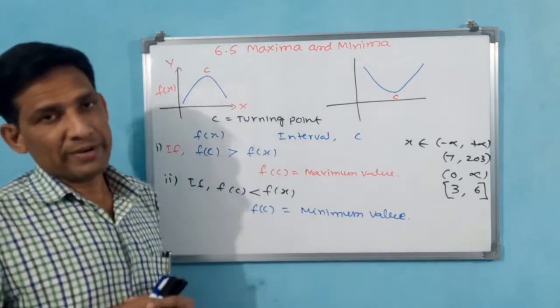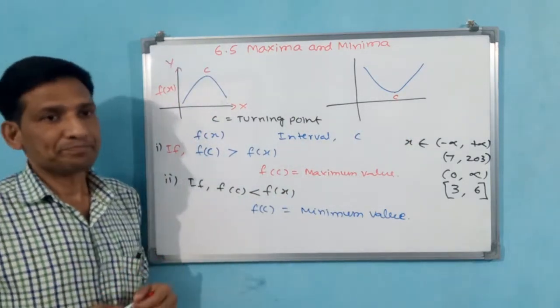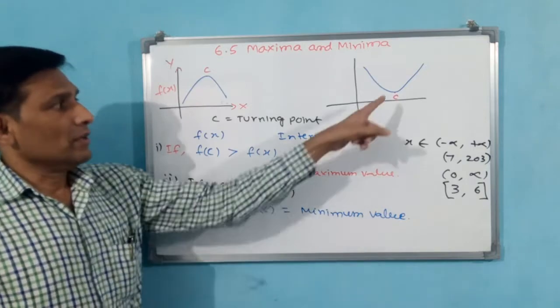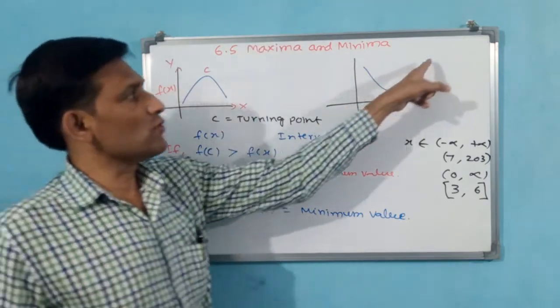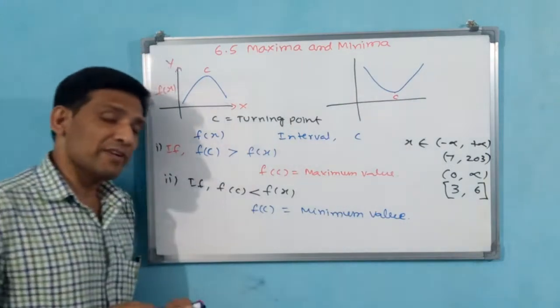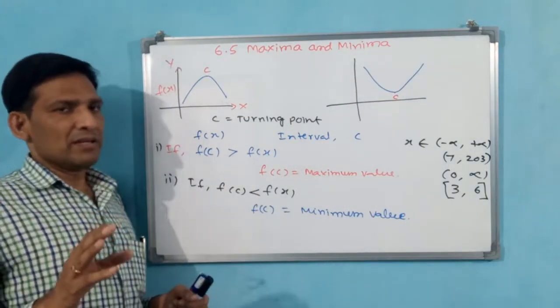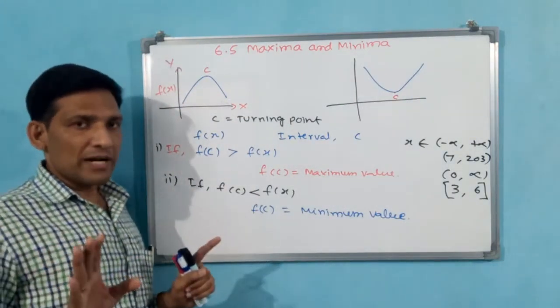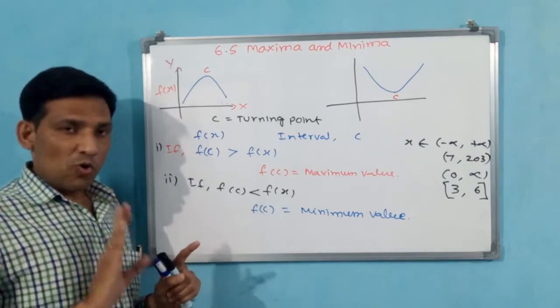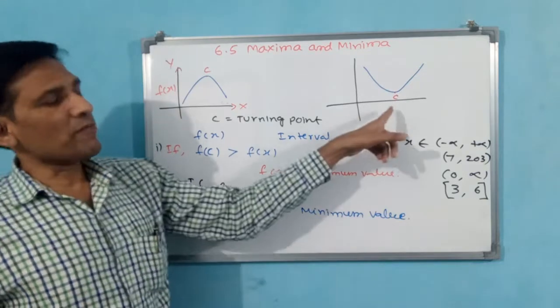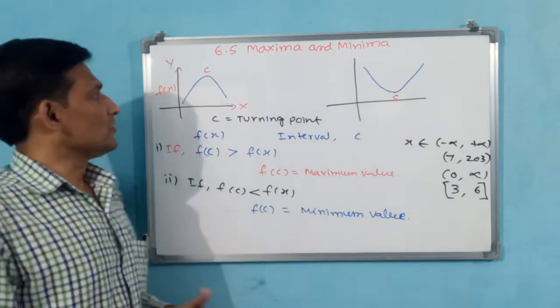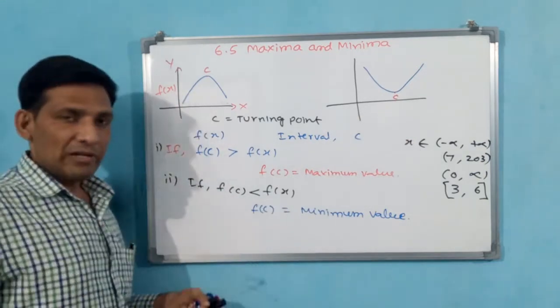That you keep in your mind. This side, if it goes up to plus infinity, this side also it goes up to plus infinity. If plus infinity is coming, that maximum value you should not take. No maximum value exists, like that you have to write. This graph is having only minimum value. This graph is having only maximum value.